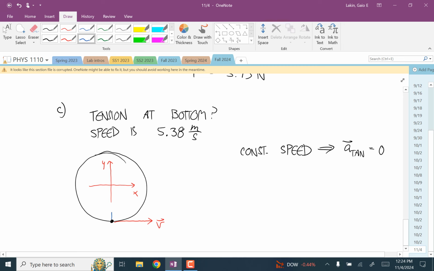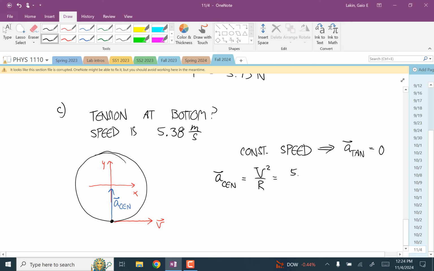The centripetal acceleration is up toward the center. The magnitude of the centripetal acceleration is v squared over r.